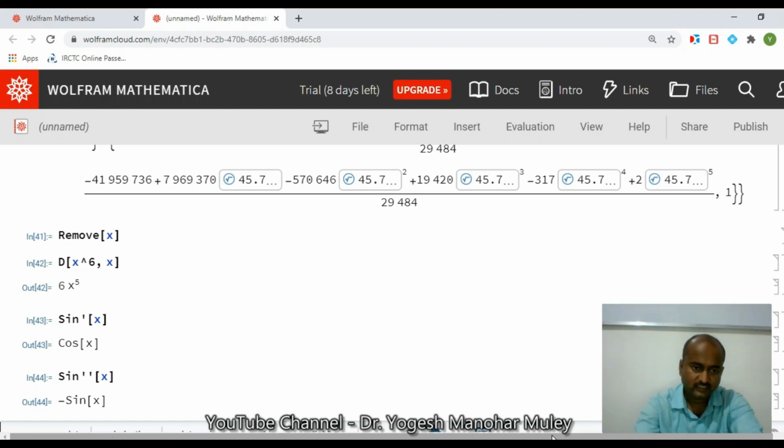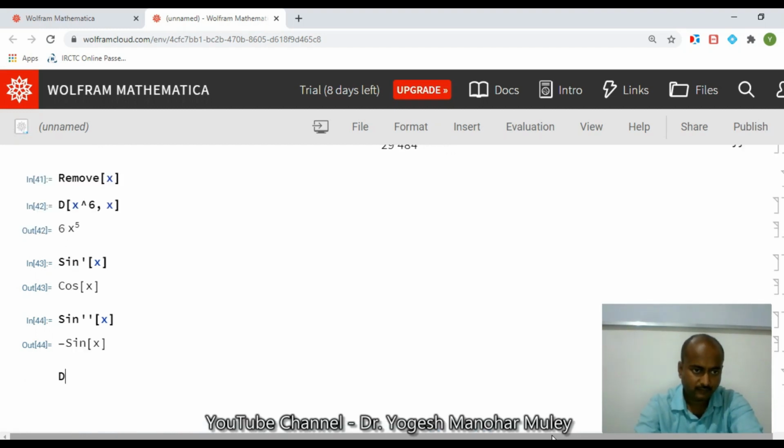Again, if we would like to calculate the derivative of x raised to 6 thrice, meaning we want to calculate the third derivative, we put x comma 3 in the bracket. This will calculate the third derivative of x raised to 6.